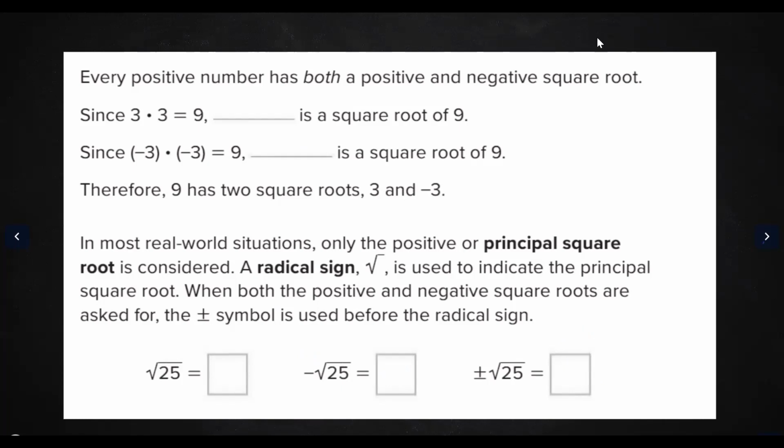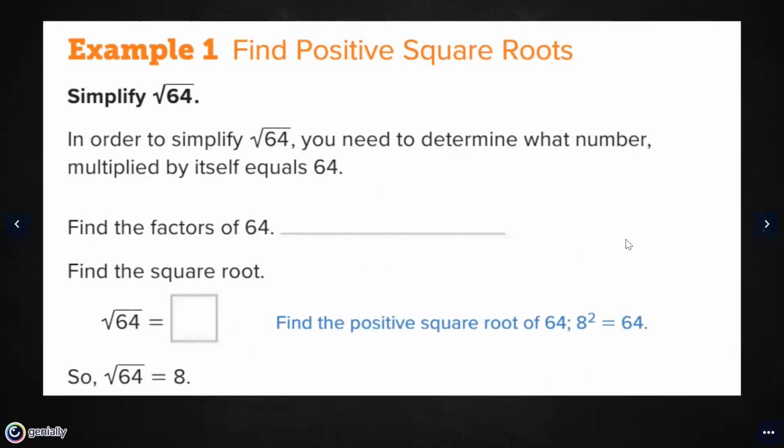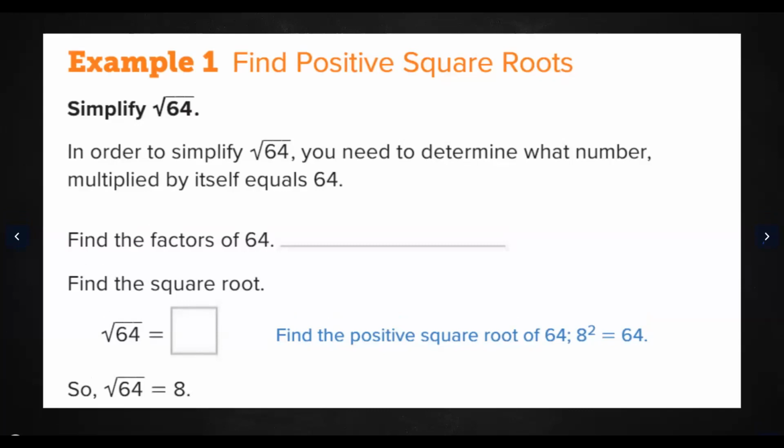Let's see an example. This example tells us to simplify the square root of 64. If you see, we only have the radical sign, okay? So in order to simplify the square root of 64, you need to determine what number multiplied by itself equals 64. Let's find the factors of 64. 64 can be divided by 2, and we get a whole number.